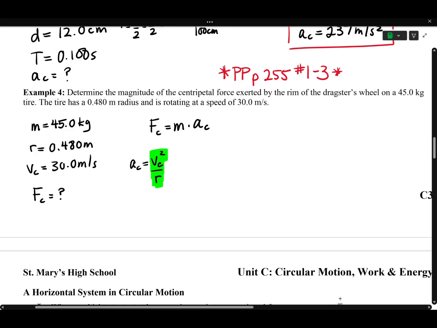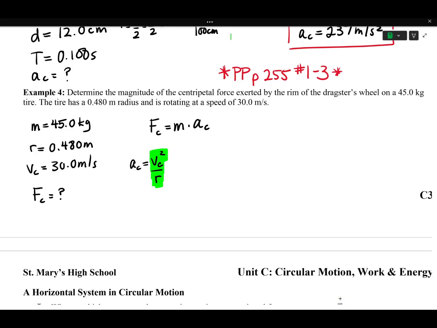So now I'm going to take this version of centripetal acceleration and plug it in for the AC. Now it becomes mass times circular speed squared, all divided by r. If I take a look, mass is in kilograms, which is what we want, speed is in meters per second, and my radius is in meters.